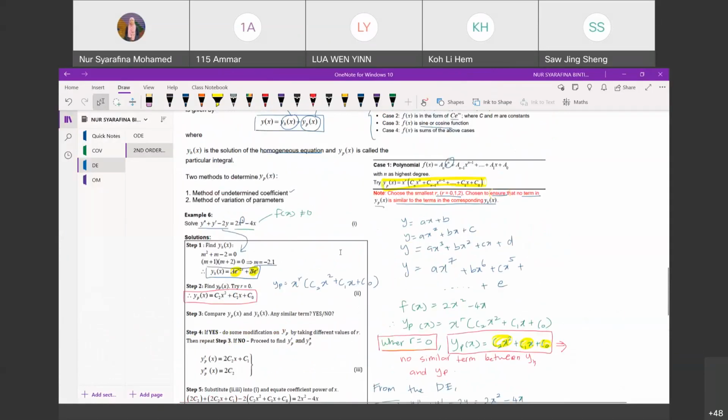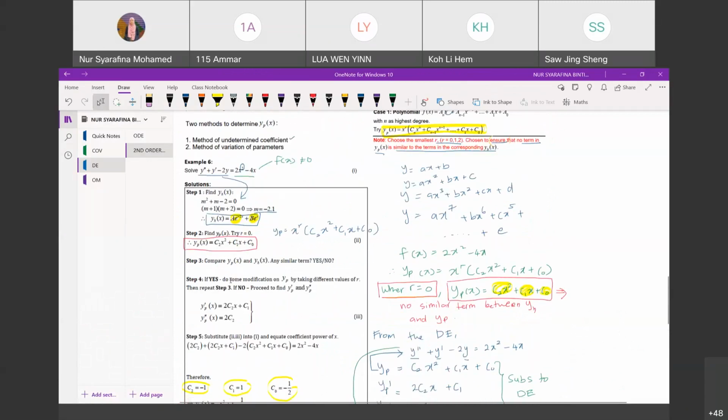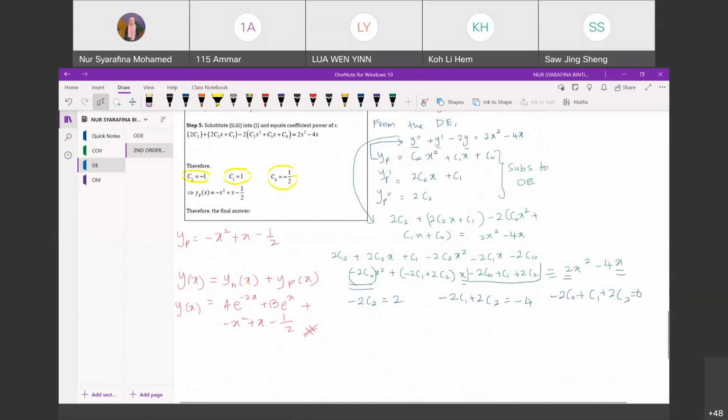We start with finding YH and then we identify what is your case for particular integral. Then you decide that it is polynomial. Check the value of r. Finalize the value of r when there is no similar term between YH and YP. Once you obtain your YP, merge with the differential equation given. So differentiate and substitute. And then you compare with the right-hand side function.